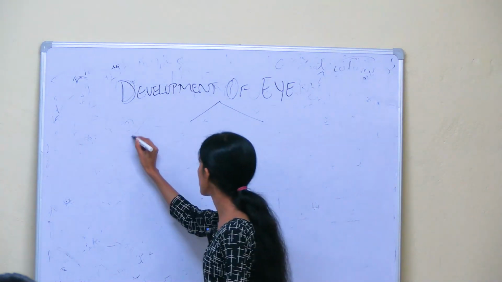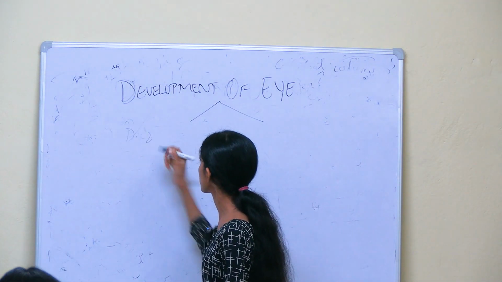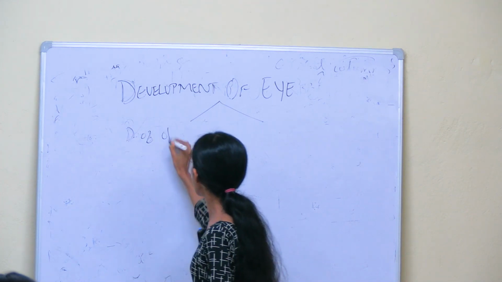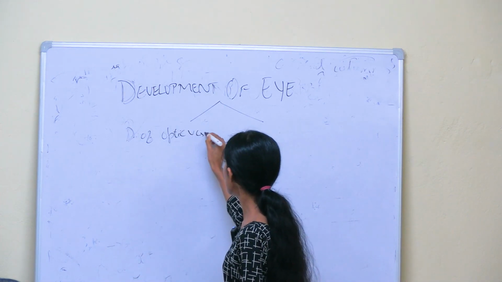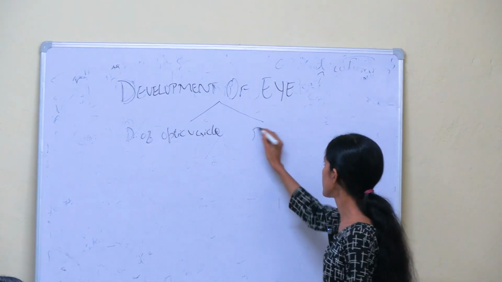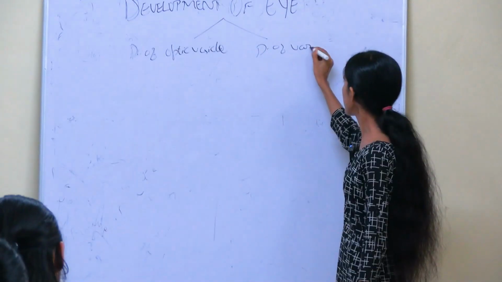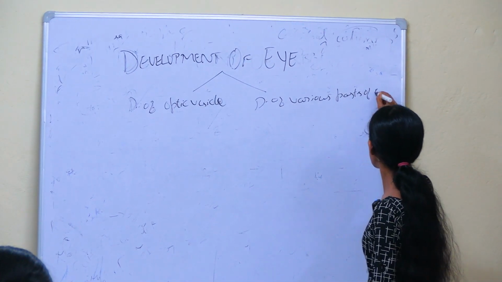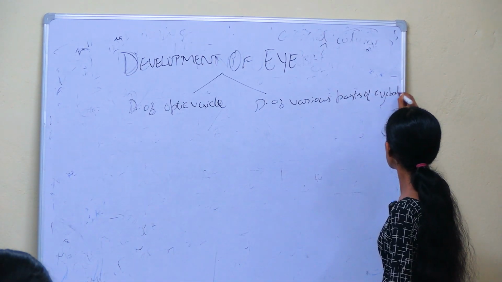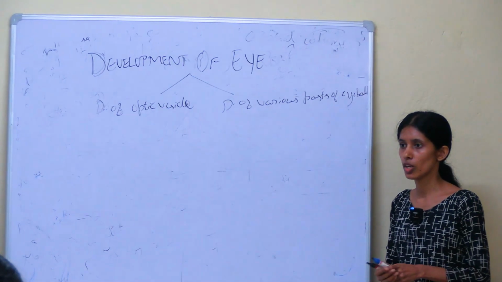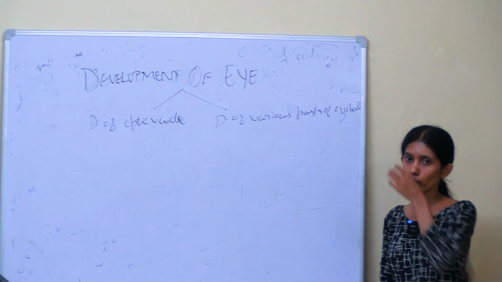The first one is development of optic vesicle, and the second part is development of various parts of eyeball. These are the two main headings to study the development of your eye.